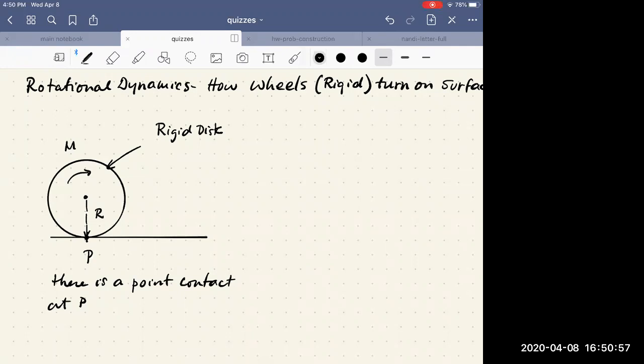So the wheel hasn't really moved. It is just tending to rotate. And as it tends to rotate, the edges of the wheel will have velocities like these, tangential to the surface of the wheel.